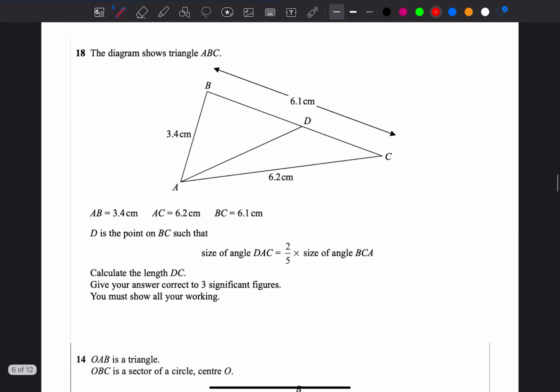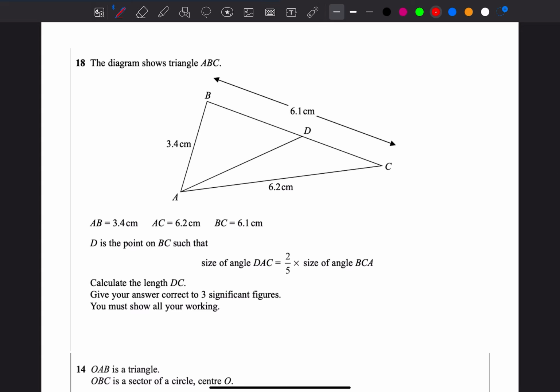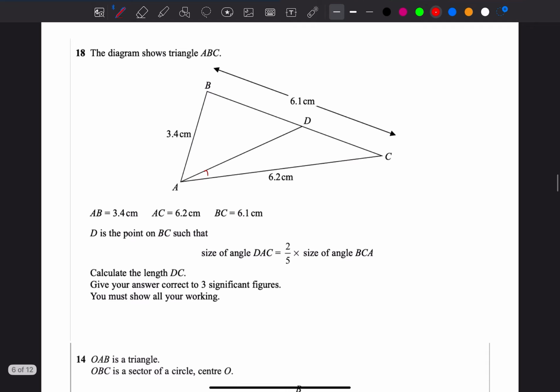Next one. So you've got a triangle in this order. The angle DAC is 2/5 of the size of the angle BCA.